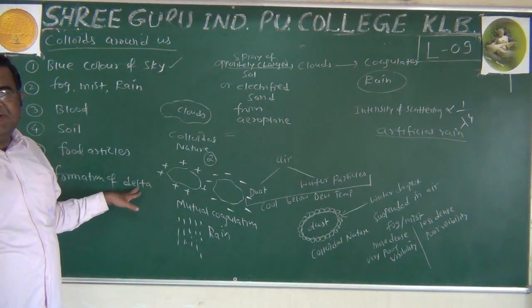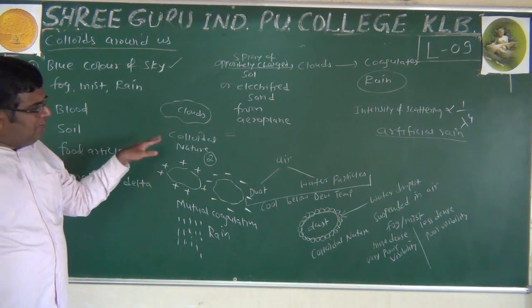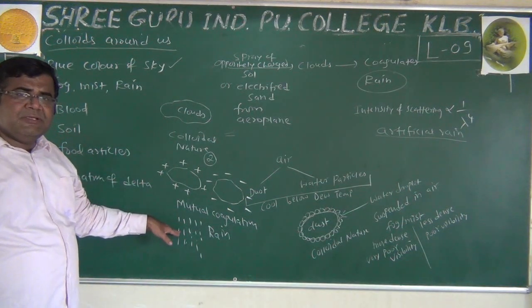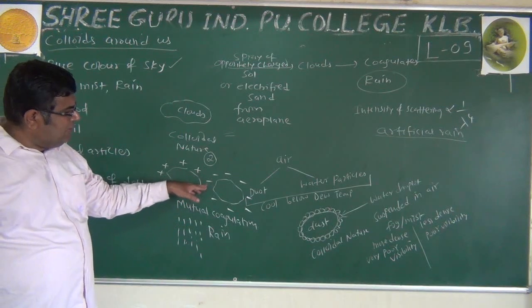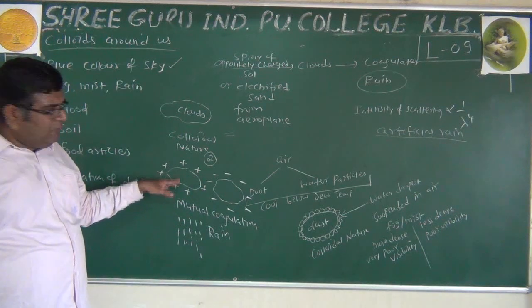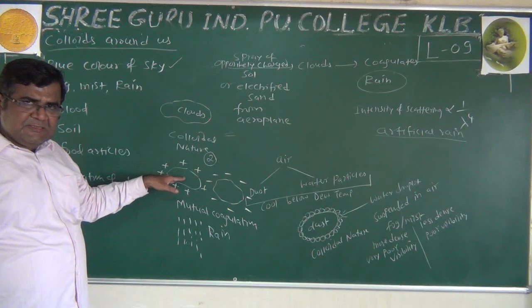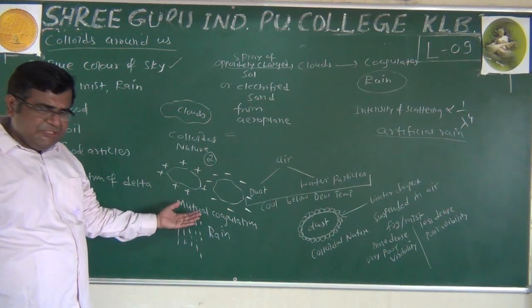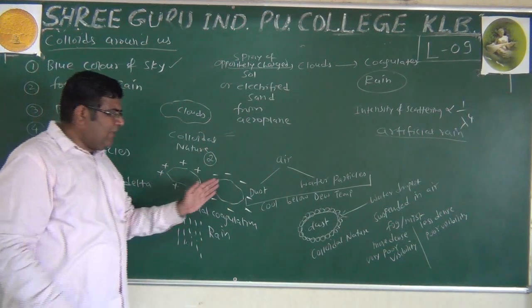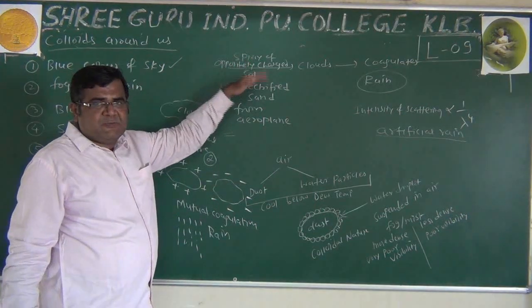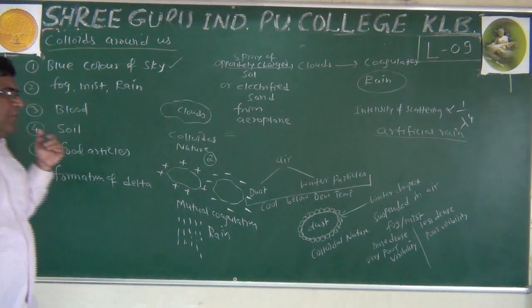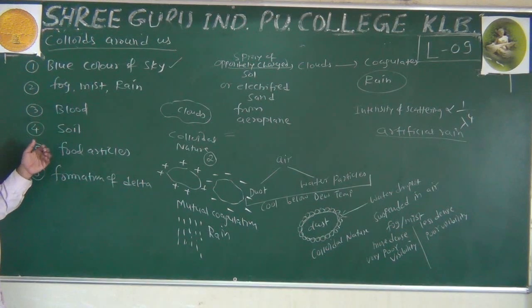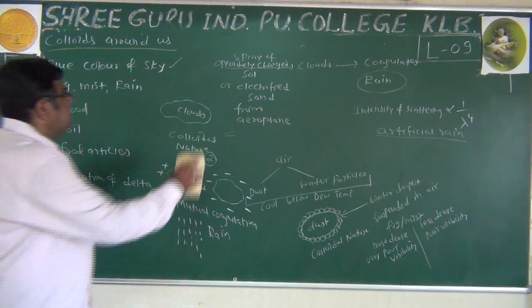Artificially this can be done, because rainfall will occur if the charge on the cloud is removed. One is that naturally it occurs by mutual coagulation of cloud colloids, or artificially it can occur by spraying oppositely charged matter on the clouds. This is the second example.